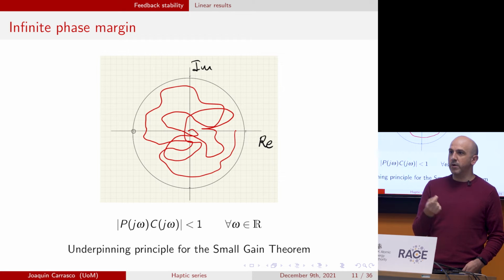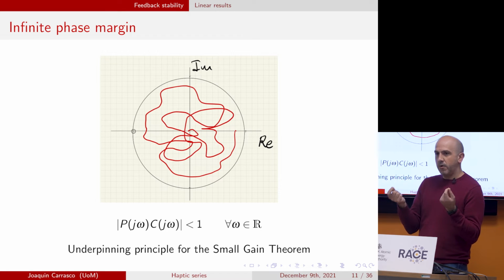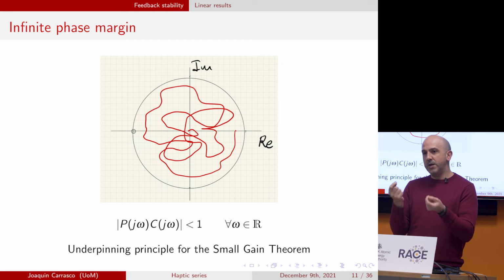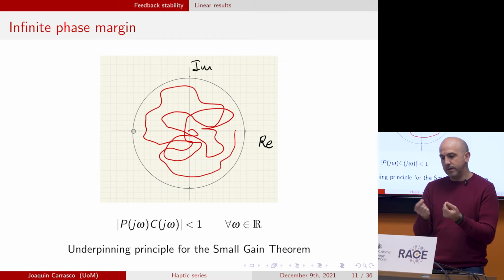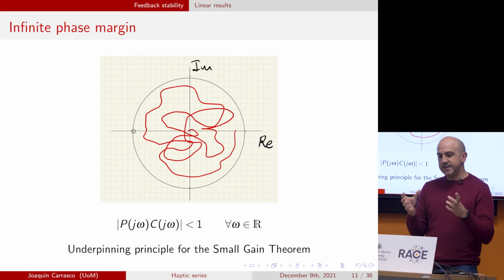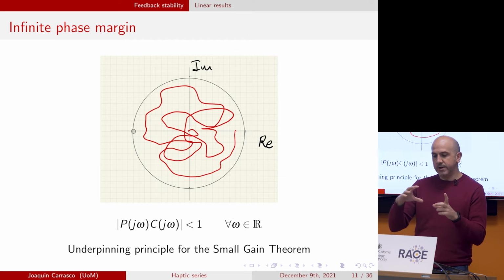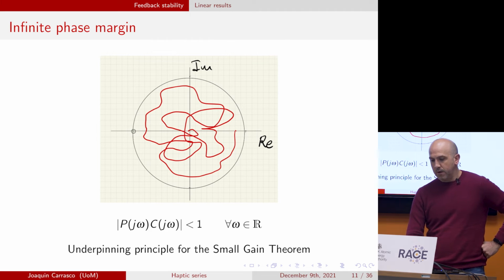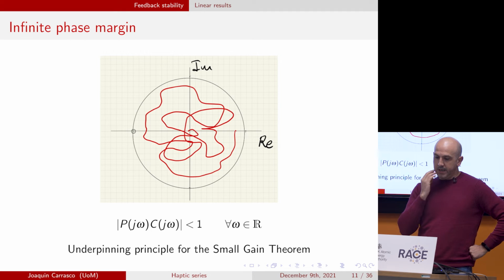Because what the small gain theorem makes sure is that when you multiply the gains of each of the systems, the product is always lower than 1. We are going to define the gain of a system like the radius around the Nyquist plot.